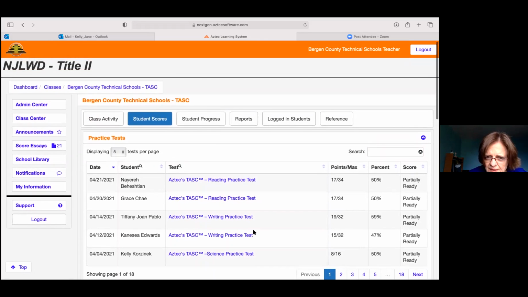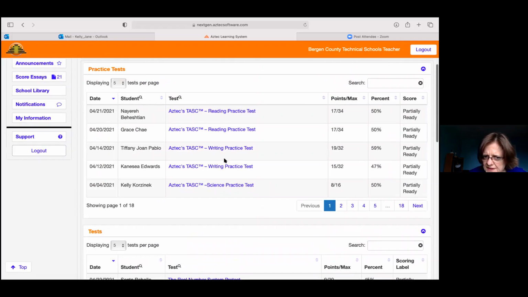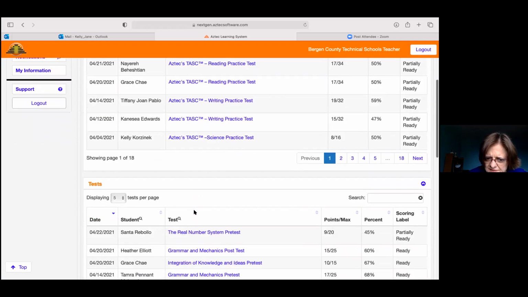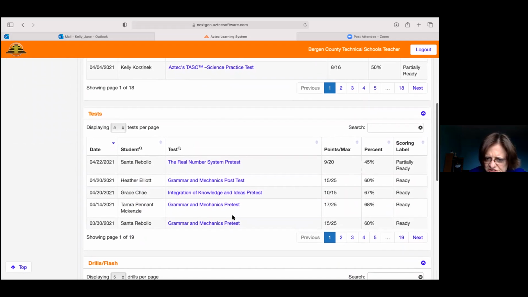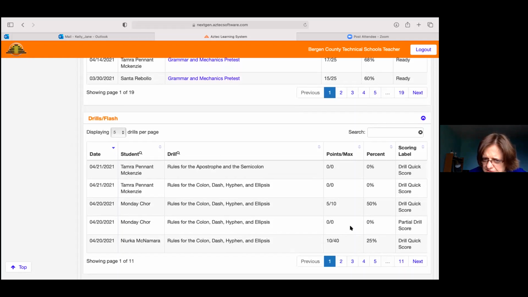And then you can see if they did tests. This is the practice tests for the big practice test, the task practice test. Here's little tests of sections. You can see what they did.